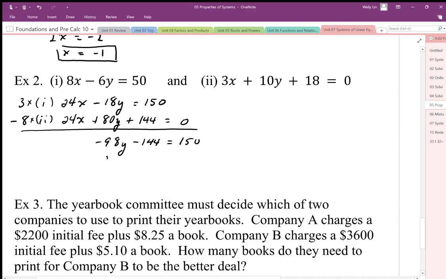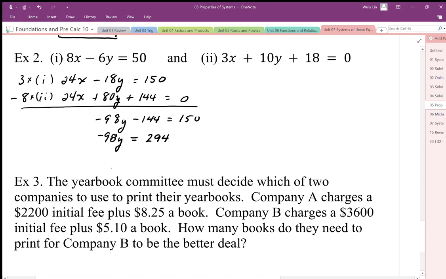So negative 98y is equal to, adding to both sides, 294. If I divide by negative 98, that's going to end up with negative 3. So y equals negative 3.